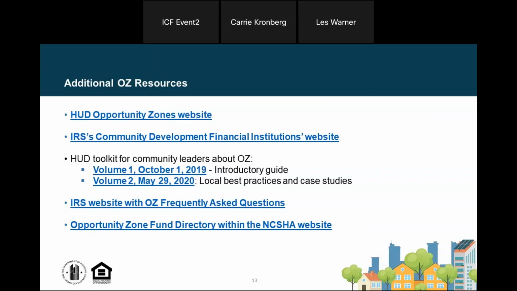That's something that is growing over time, and it will be a good place to look for some of the more detailed or in-depth questions than this sort of 101 version of the OZ program has provided. I would recommend that you use that. And then the NCSHA, National Council of State Housing Agencies, on their website has an Opportunity Zone Fund directory.